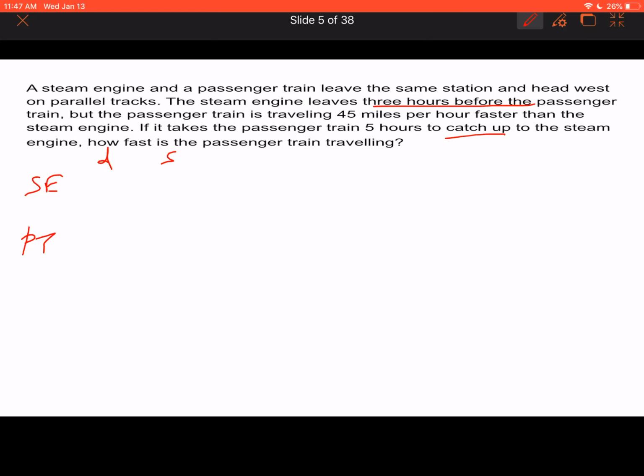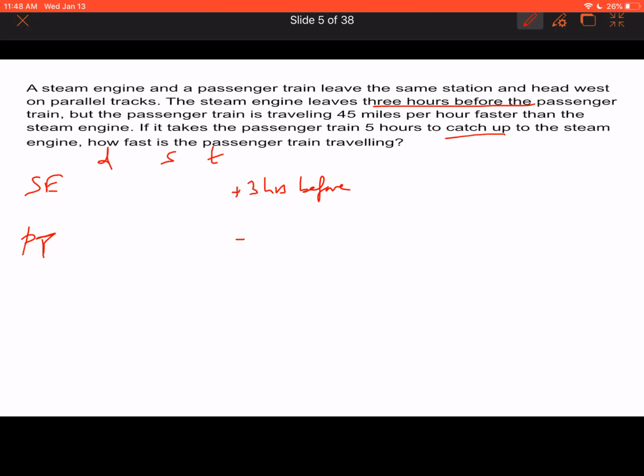We'll just find out what values are given. Same station, head west. The steam engine leaves 3 hours before the passenger train, so just mention this. That means this value is going to be more and this value is going to be lesser.